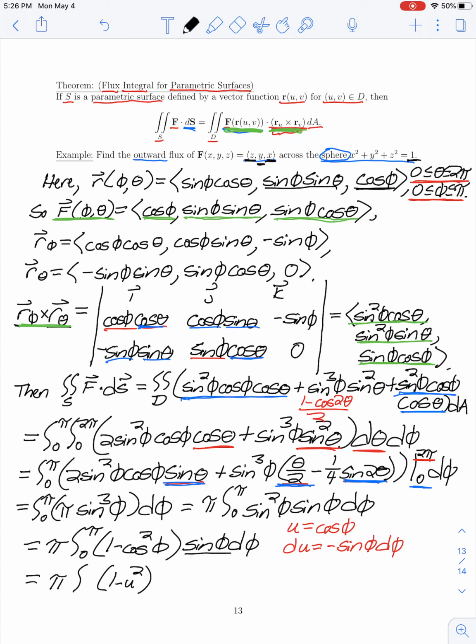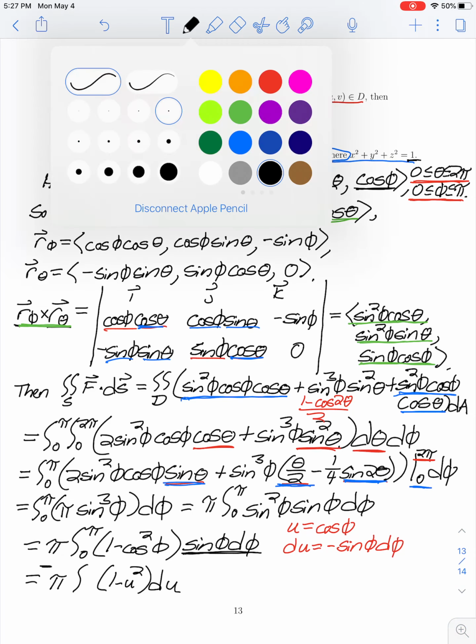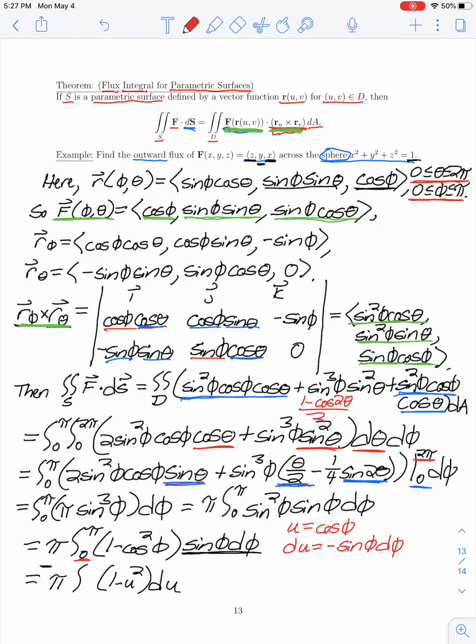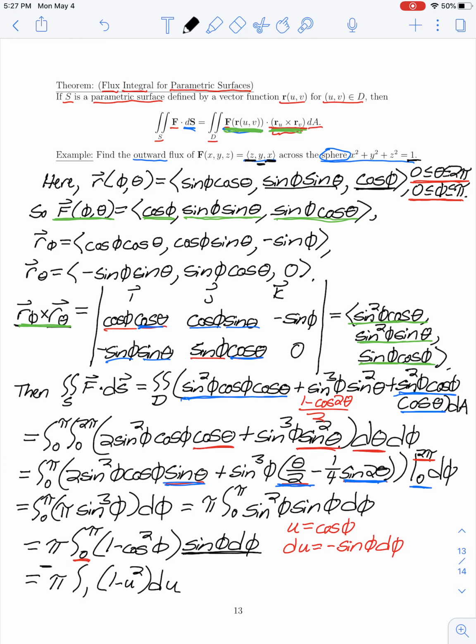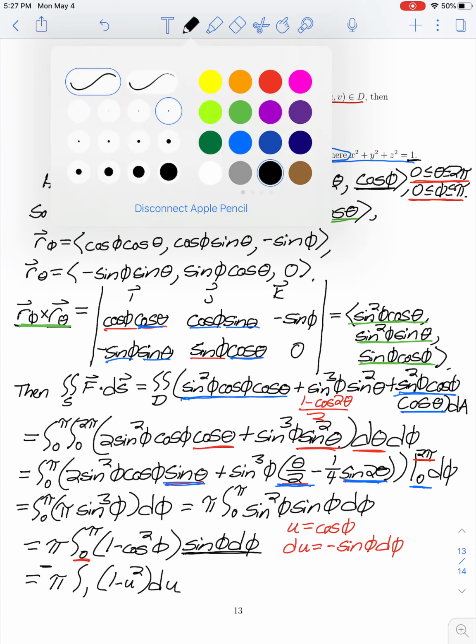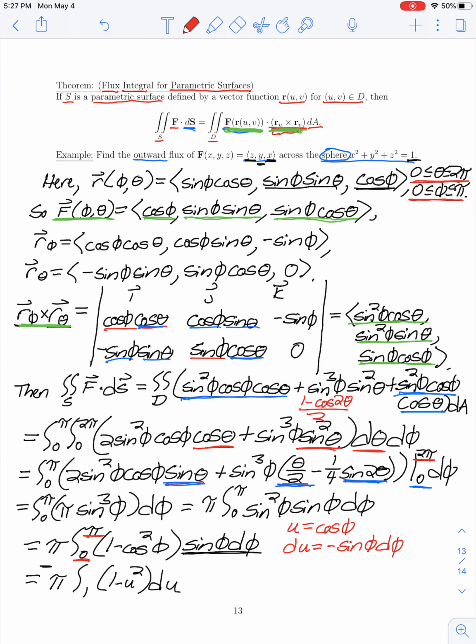Now our sine of phi d phi on the end is the same as negative du. So I'll pull my constant negative out in front with the pi. And then let's see what we have for our new limits of integration. When phi is 0, u is cosine of 0, which is 1. And when phi is equal to pi, u is cosine of pi, or negative 1.